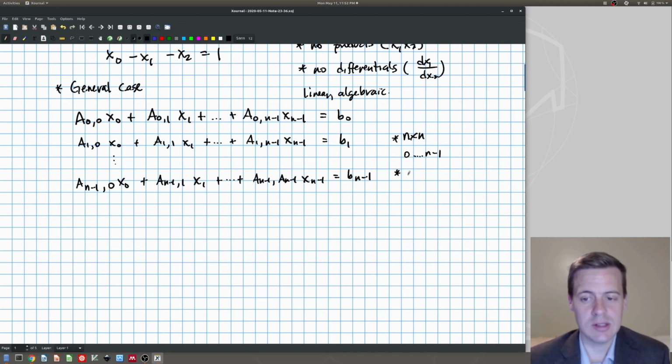This is a square system, so that means I have n equations, and n unknowns. All right, so if certain properties hold in a square system, I can have a unique solution.